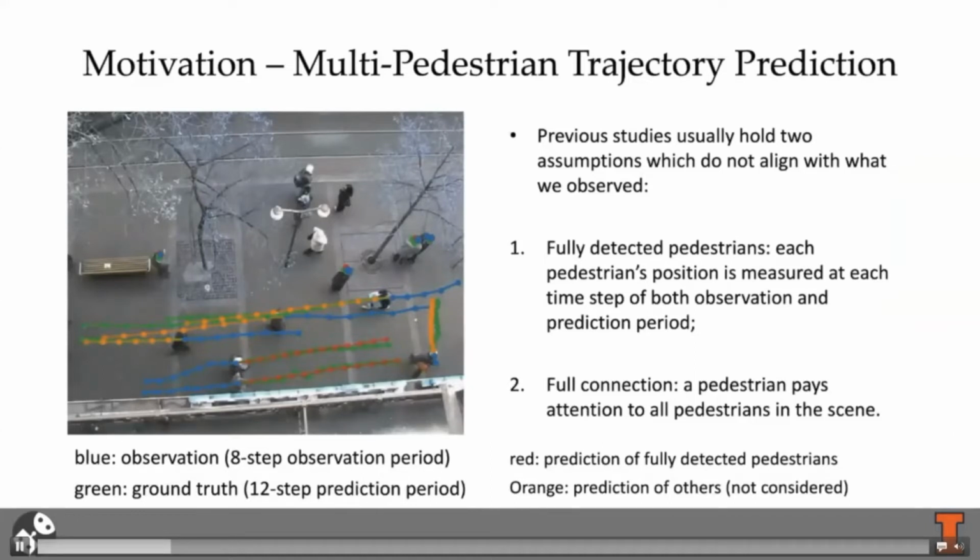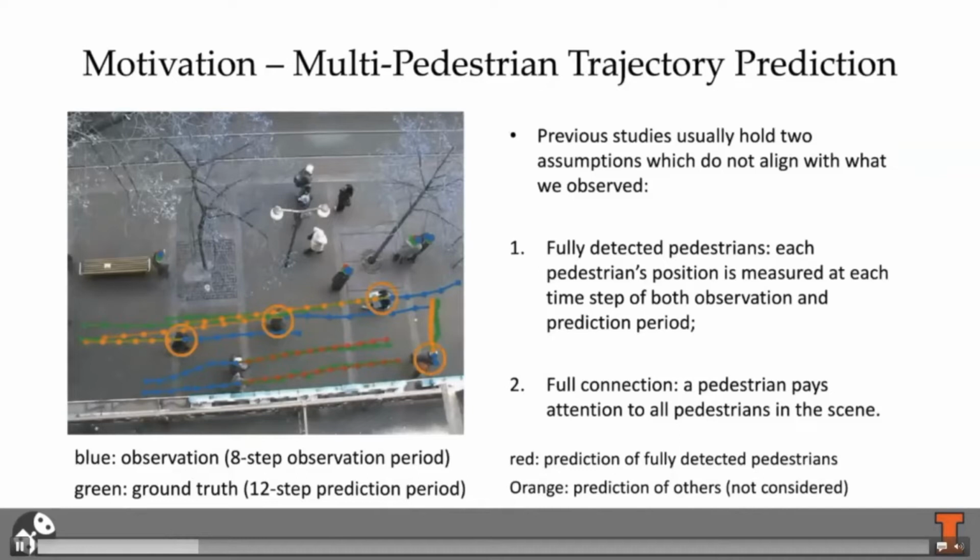To understand the first assumption, we can look at an example here, where we plot trajectories of pedestrians in a defined observation and prediction period. The pedestrians with orange trajectories are not fully detected, because they either join the scene later or leave the scene earlier. Here we circle them for clarity.